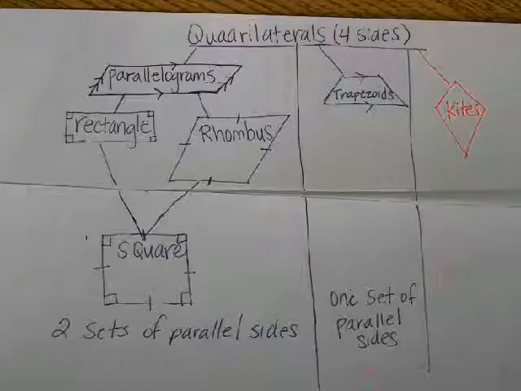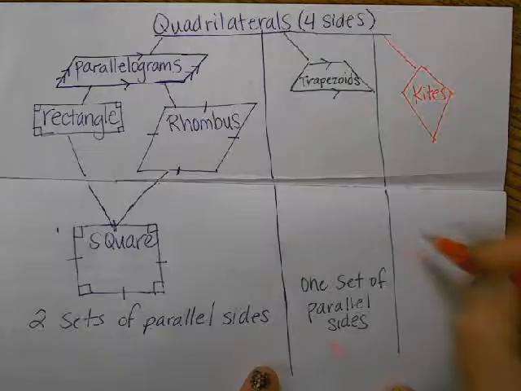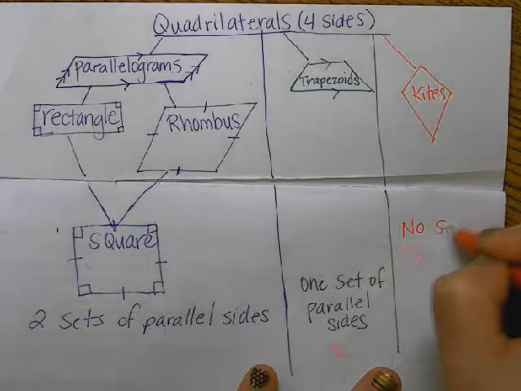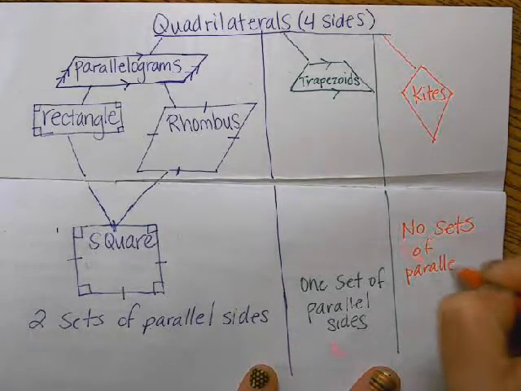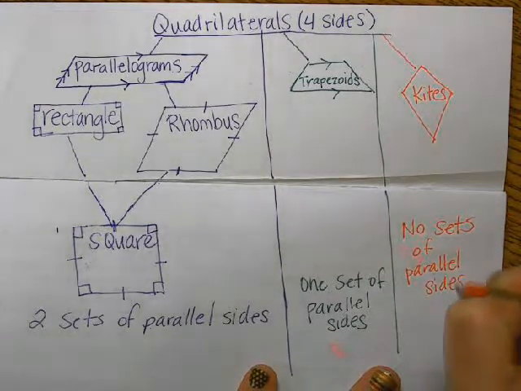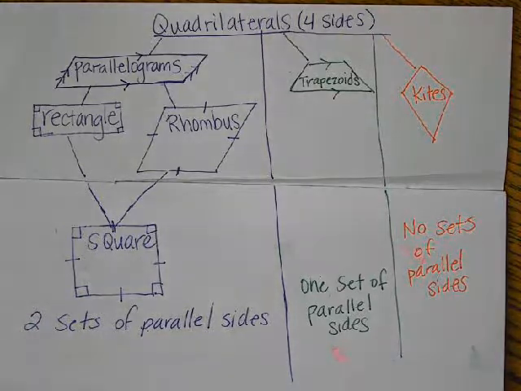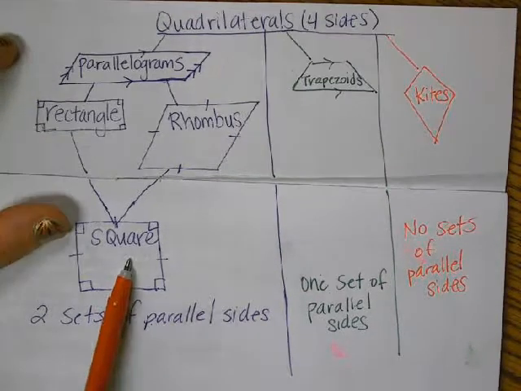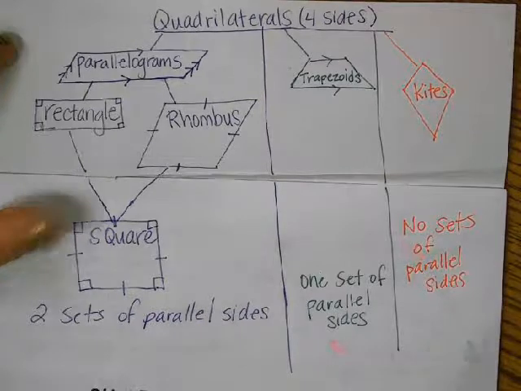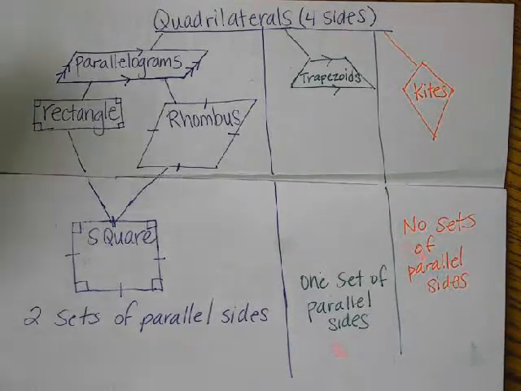And in this last section over here, talking about kites, it has no sets of parallel sides. Okay? So, keeping everything in mind from what we've learned, we've got two sets of parallel sides, one set of parallel sides, and today we're going to talk about kites, which has no sets of parallel sides. Okay? So let's go to the kite section.